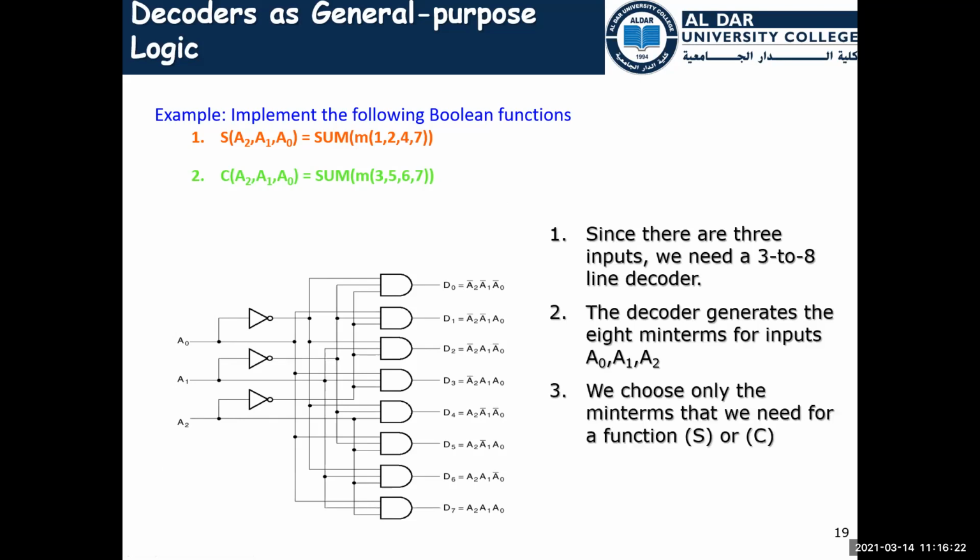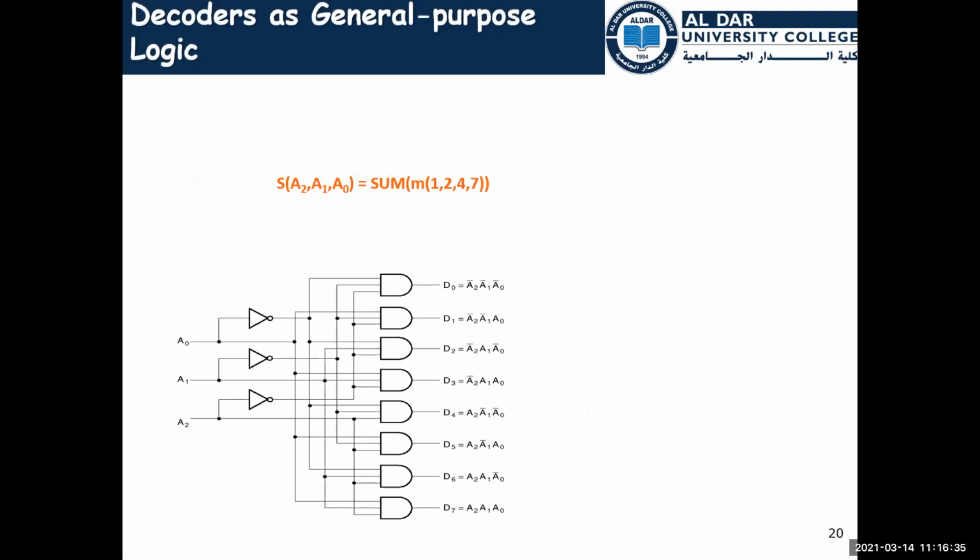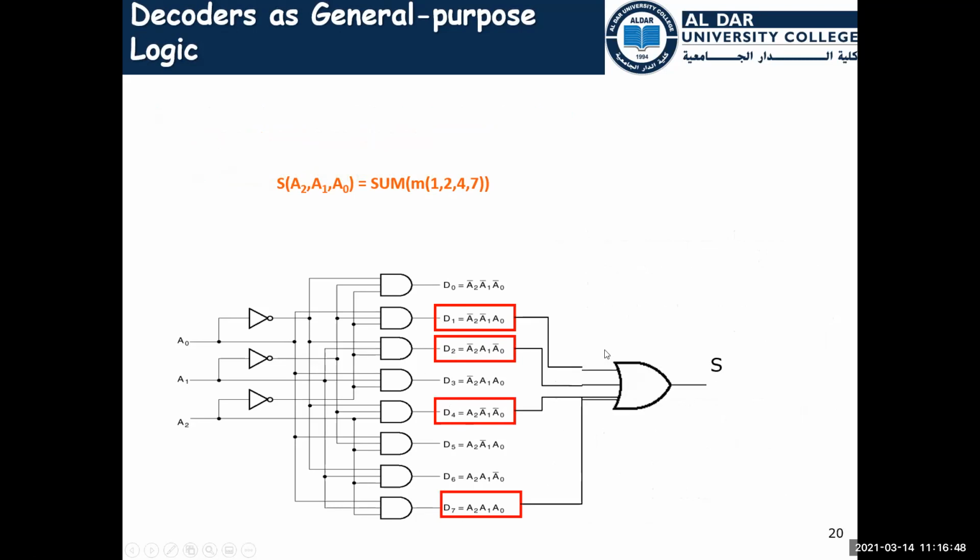And we choose which minterms we will collect to S and to C. And finally, we have an OR gate that will sum up all the minterms that we need. The sum will be 1, which is this one, 2, which is this one, 4, which is this one, 7, which is the last one. And we OR them together just using an OR gate with 4 inputs.